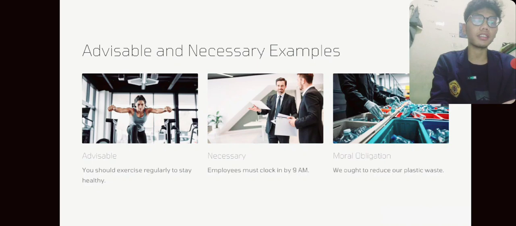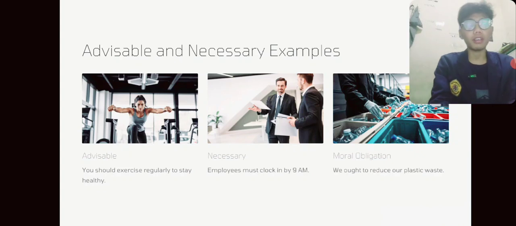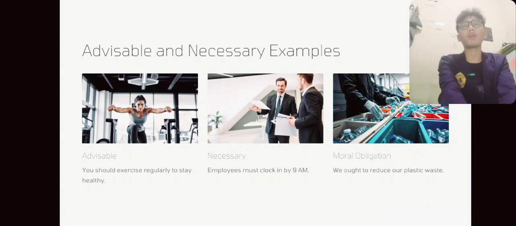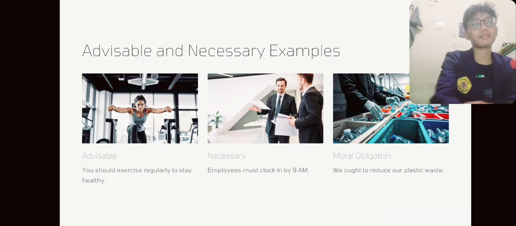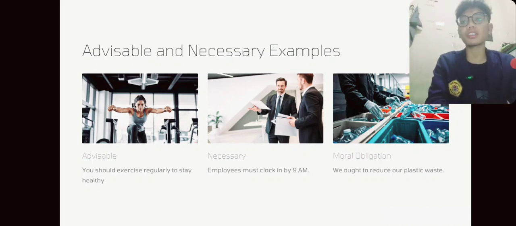If it's necessary, we use must, such as employees must clock in at 9 a.m. For moral obligation, we say we have to reduce our plastic waste. These expressions are commonly used in everyday life to communicate expectations and advice.